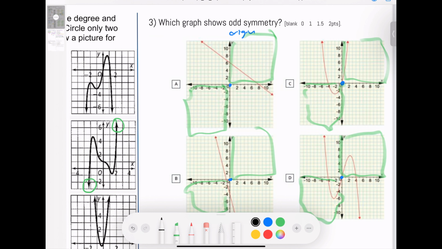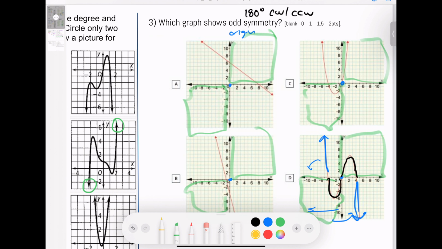Odd symmetry is symmetrical 180 degrees, either clockwise or counterclockwise. So I have a tree, or mountain, mountain, tree, tree, right? If I rotate it this way, it would be like over here, and then I rotate it again this way, then it would look just like this one.